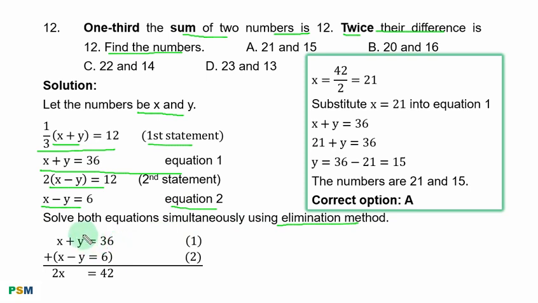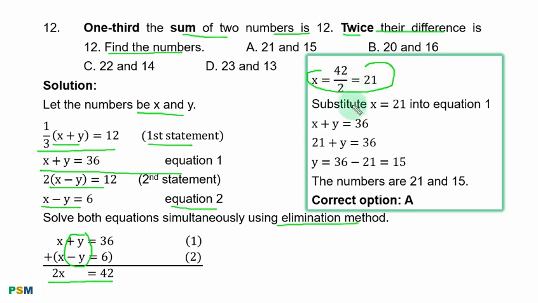I wish to eliminate variable y. To achieve that, I have to add both equations because the sign for y and y again in the two equations are the same. So you add. When you add, you have 2s equal to 42. Divide both sides by 2 to get s, and s is equal to 21.